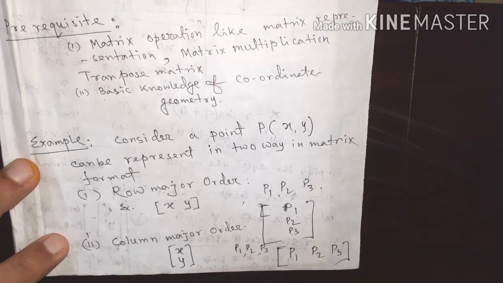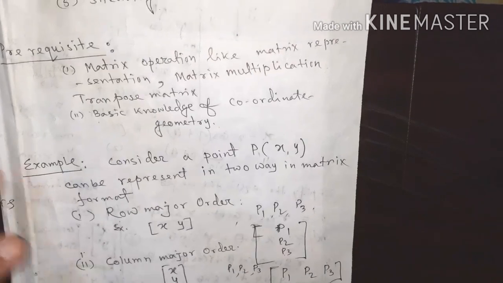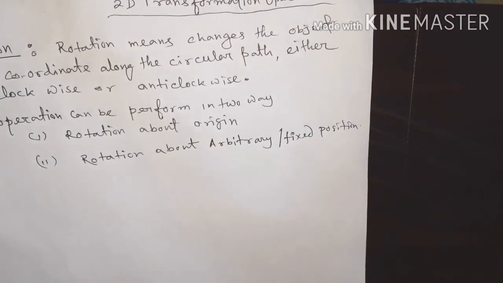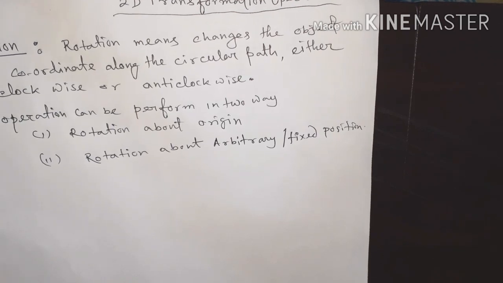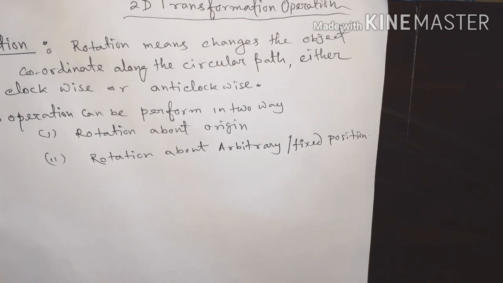Now I will start the operations and discuss them one by one. First, rotation, 2D rotation. Rotation is an important property in computer graphics.